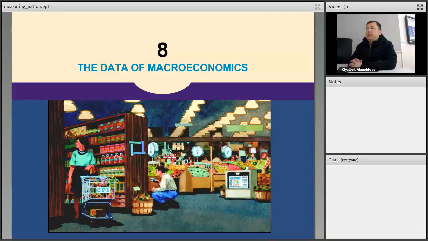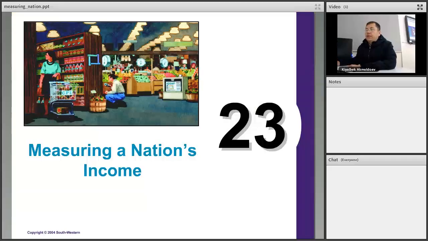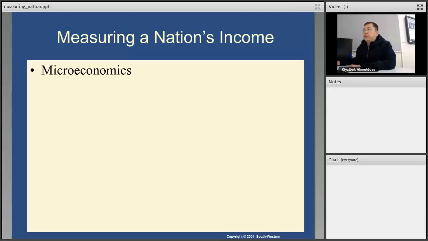So the data of macroeconomics, we will study measuring nation's income first of all, and then we will study measuring cost of living. Measuring nation's income is chapter 23, but in your book it is chapter 5.